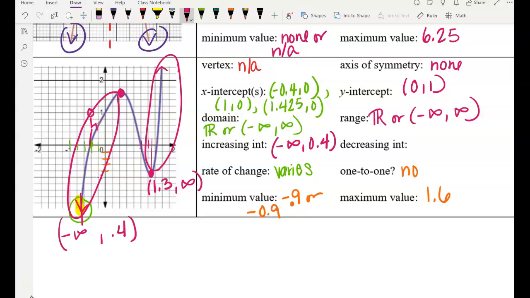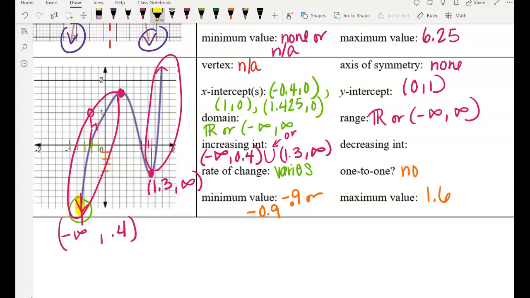We can technically spell out the word or, but in mathematics, students, let me write it right here. In mathematics, they use this symbol U to represent or. This is really fancy in math, the symbol for or. And so or 1.3 to infinity. There are 2 increasing intervals.